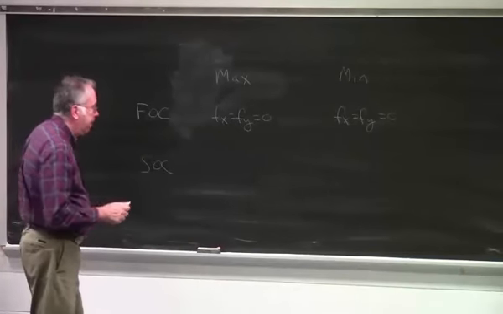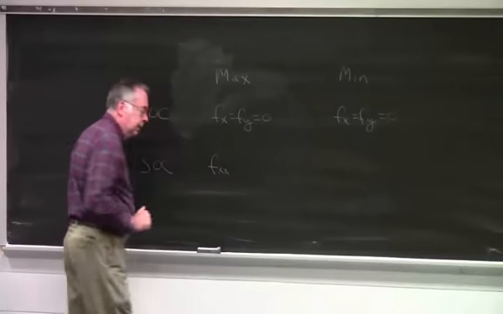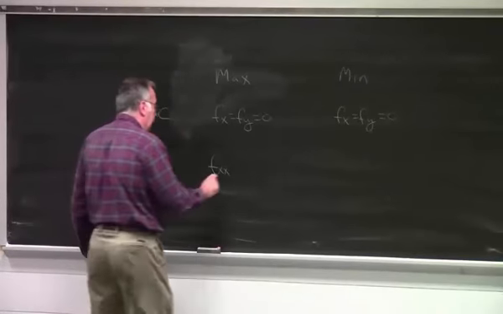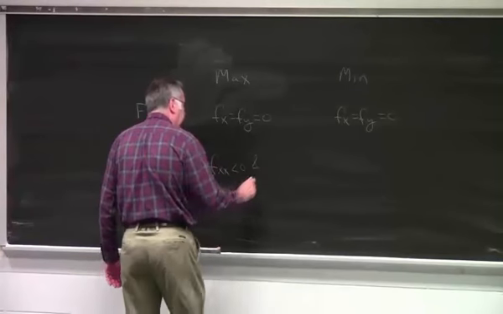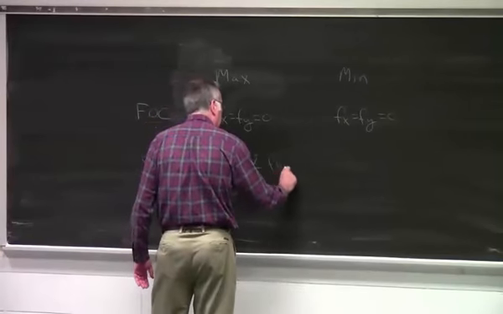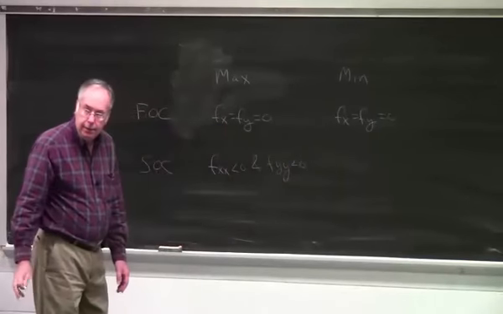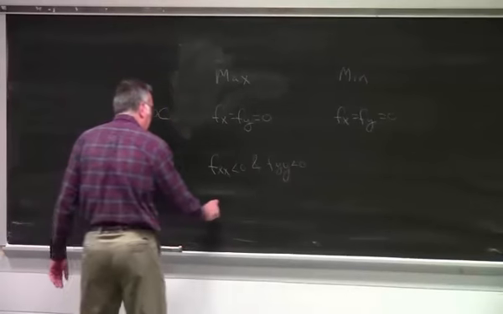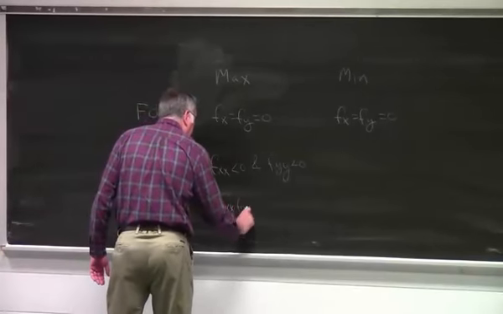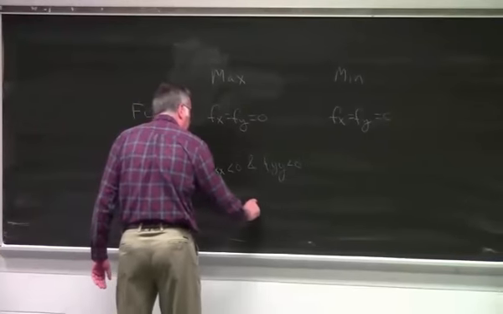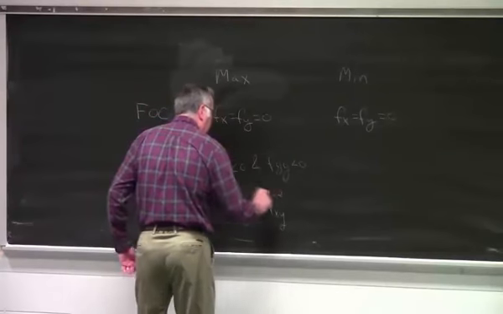are for a maximum that f sub xx and f sub yy both be negative. Okay? And furthermore, that f sub xx times f sub yy must be greater than f sub xy squared.